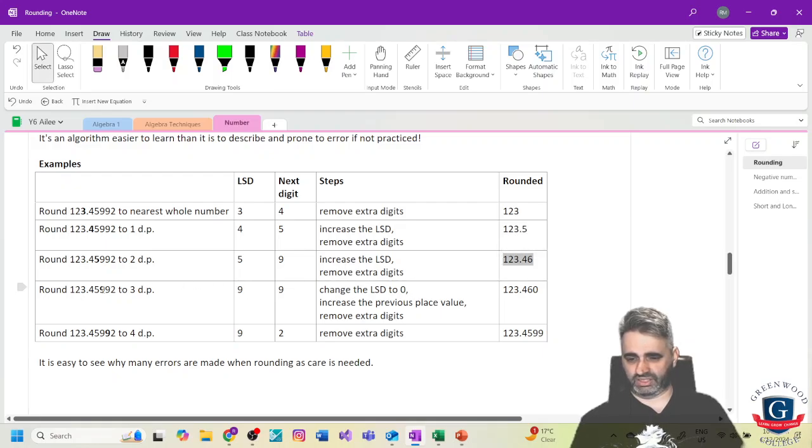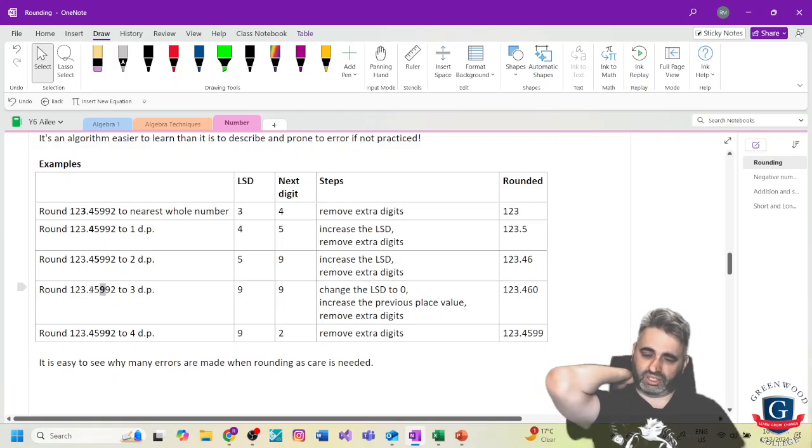All right, here's the 3rd decimal place here. The digit after it indicates that we have to increase the previous digit. So we'll increase that to 6, make that 0, and truncate the rest. It's down to 3 digits. So 4599 is closer to 460, make it 460.